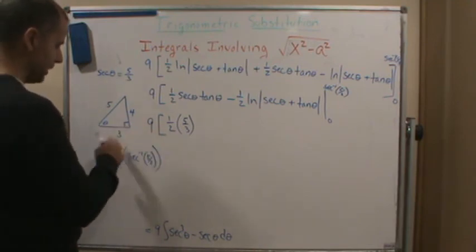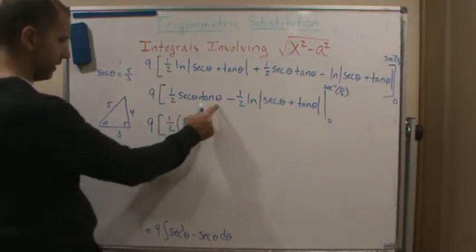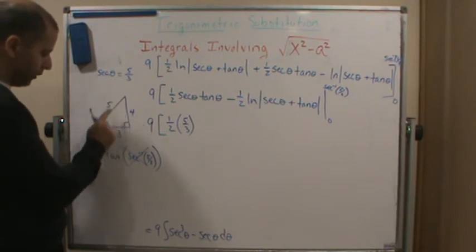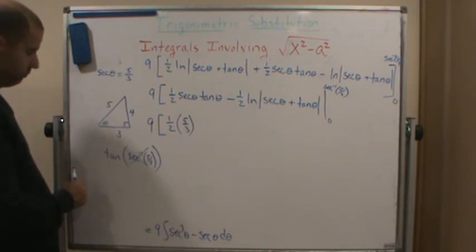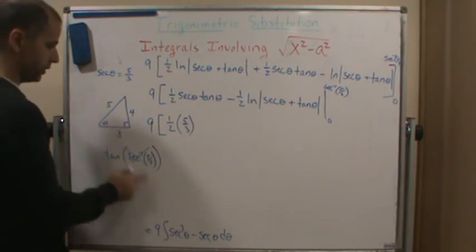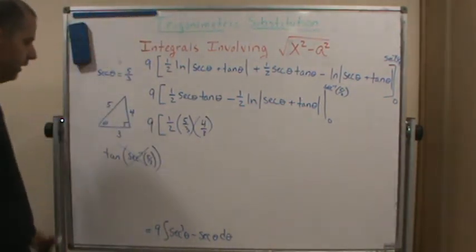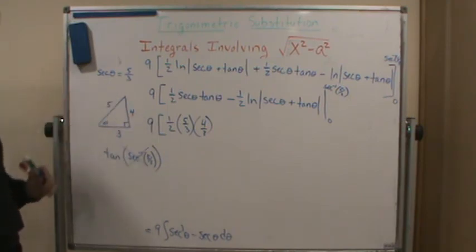But again, if you just reason through it, you do your triangle, you can figure out all the sides, and then you just do your ratios. So tangent theta is what? Opposite over adjacent, so this is 4/3. Easy. Remember, that's why you want to know your reference triangle.